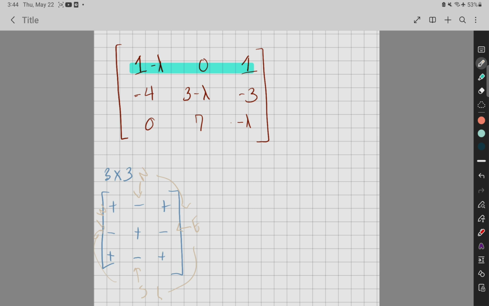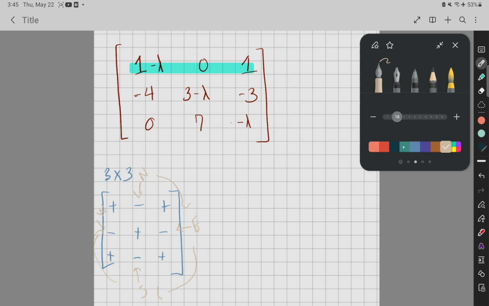But it goes along with the summation of -1 to the ith plus jth, the ith row plus jth column, and then with a number, and then the determinant of deleting that row and column, right? But if you just want to know ahead of time and know that you're right on alternating these signs, I would recommend doing this.